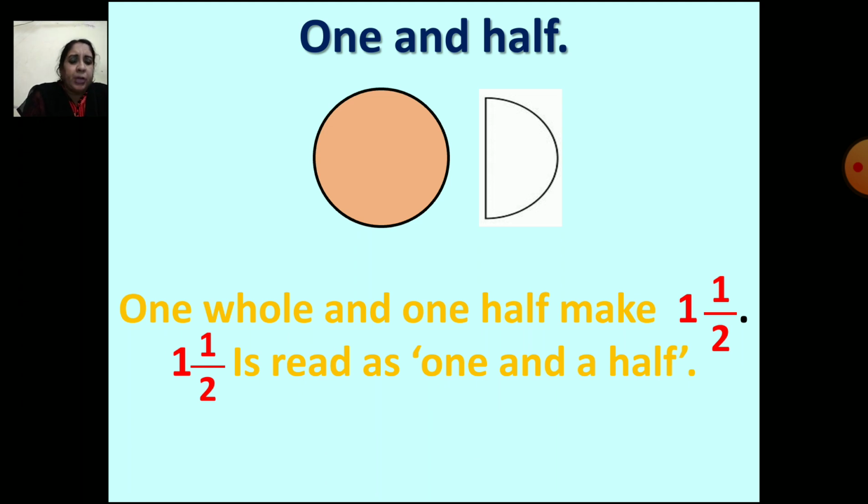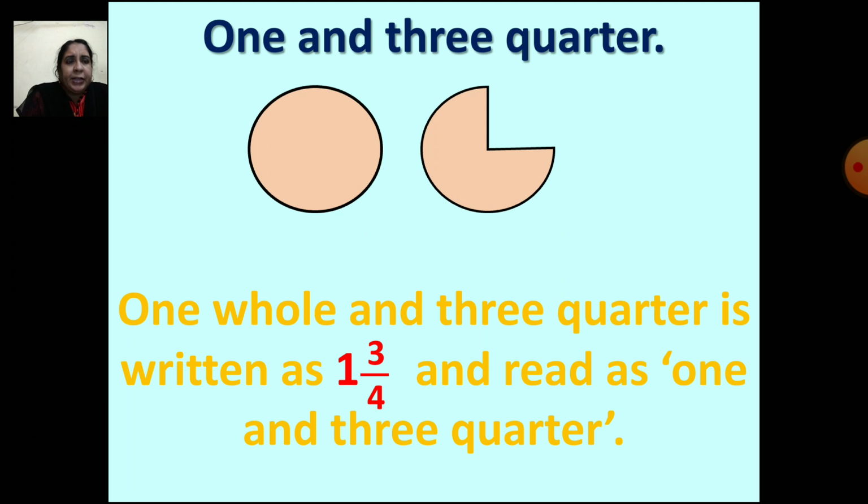Okay, now let us see. It is 1 and 3/4. Here you can see one full circle. And in the second part what do you see? 3/4. It is not a full circle, but it is 3/4. So one whole and 3/4 is written as 1 3/4. How are you going to write this?